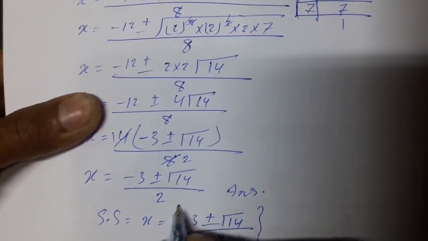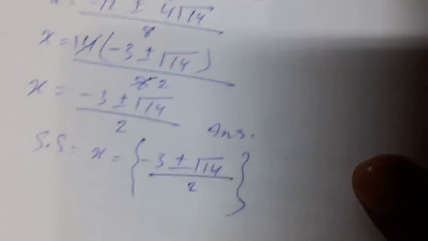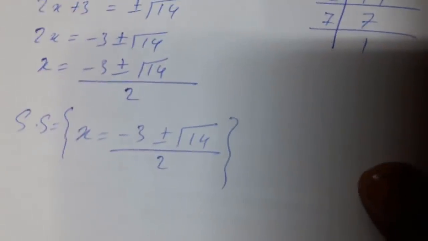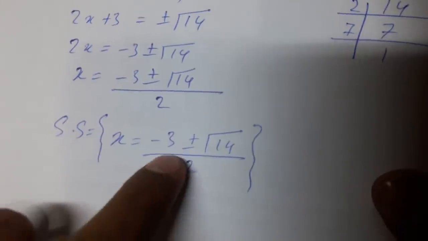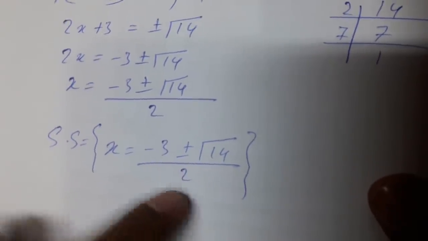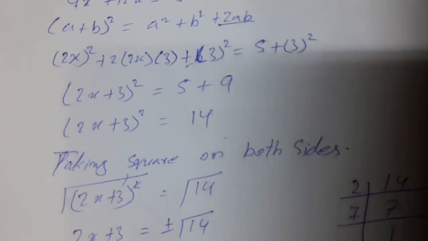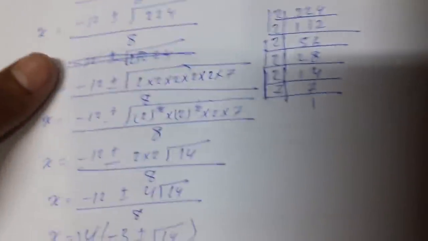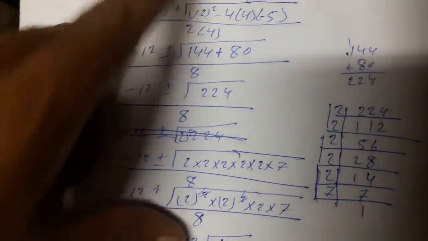This is the same answer as I told you by completing square. You can see here the same answer, minus 3 plus minus square root 14 over 2, by the completing square method, and this is the same answer by quadratic formula.